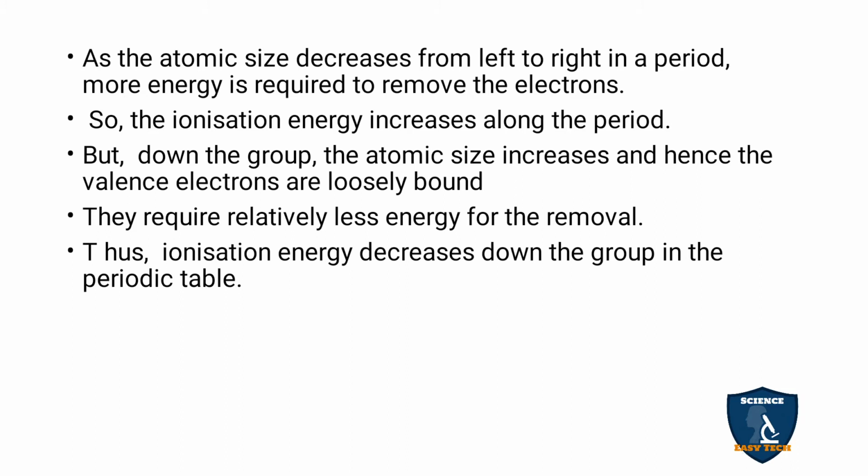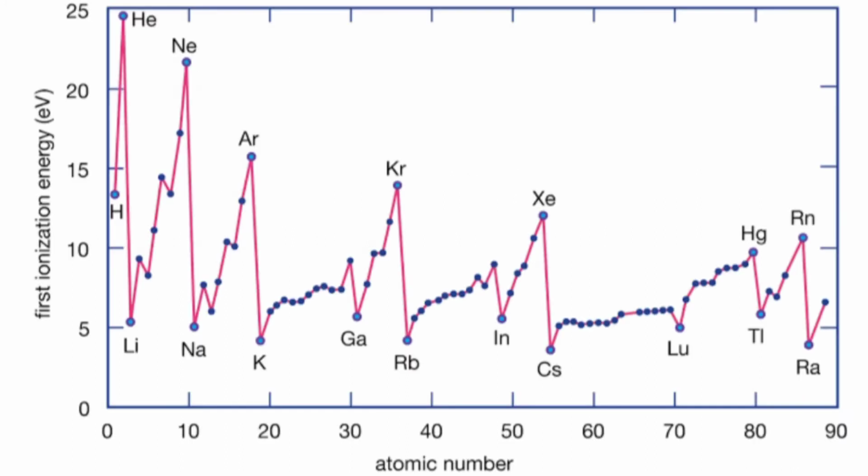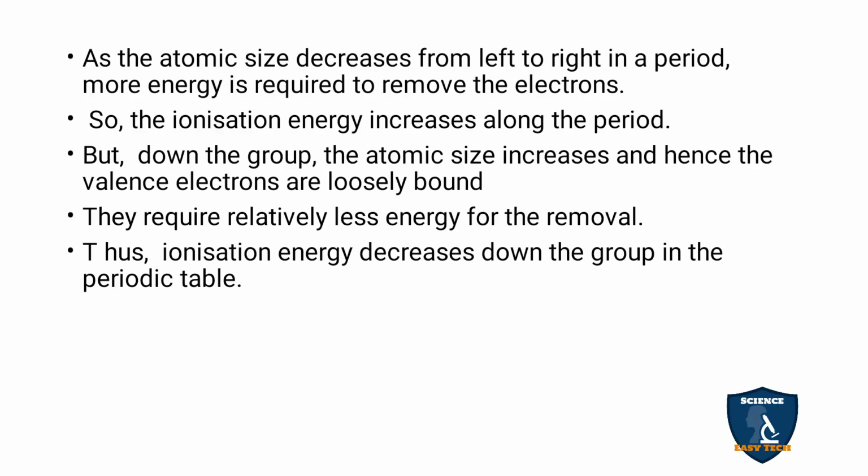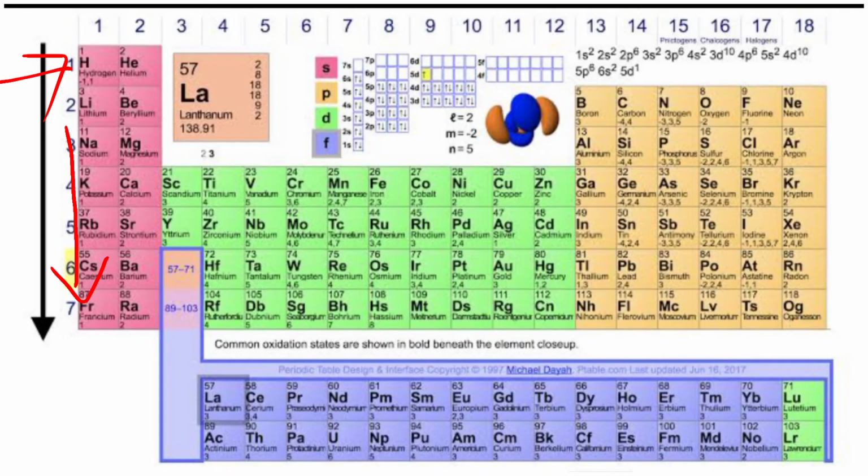But down the group, the atomic size increases and hence the valence electrons are loosely bound. So in groups, the atomic size increases going down the group. Due to this increase, the valence shell electrons are loosely bound, so they are loosely attached.